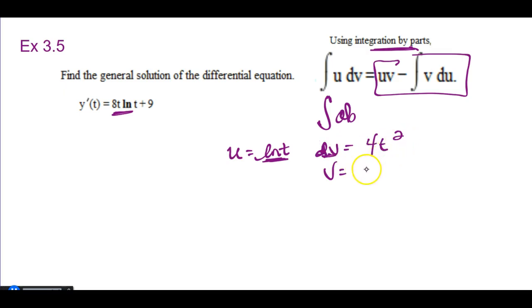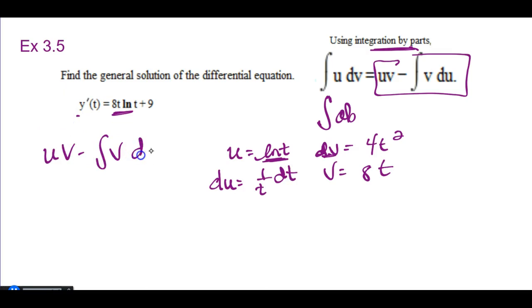So I can integrate 4t squared to be 8t, and then I can take the derivative of this over here, which is 1 over t dt. And then I can go to my rule, uv minus integral v du, and of course, plus I have to integrate that 9. So we don't want to forget about him right there.